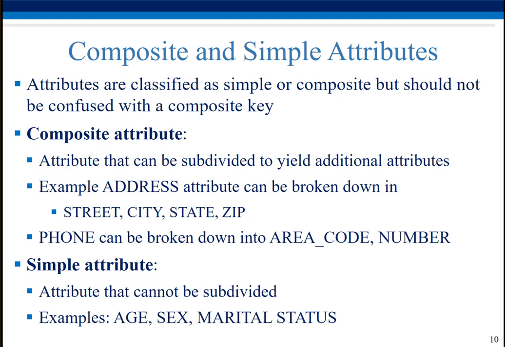A phone can be broken down into the area code and the number itself. A simple attribute cannot be subdivided, such as age, sex, and marital status. Your age is a simple number. You're not going to break it down into years and months, although you could have separate fields if you wanted to do that. Sex, you're either male or female. Marital status, you're either single, divorced, widowed, or married.